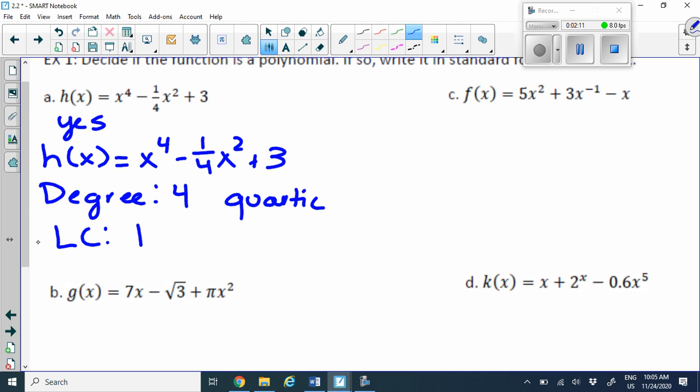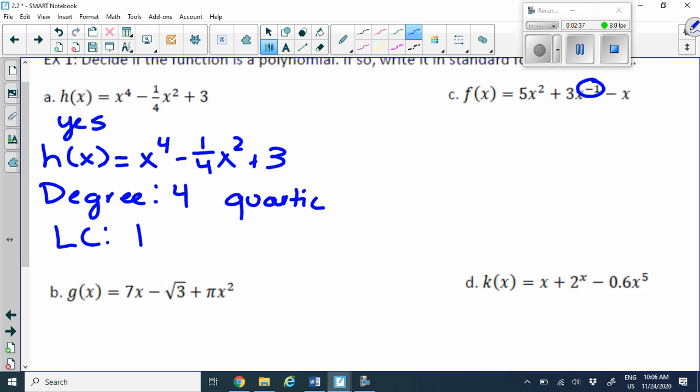Okay, f of x equals 5x squared plus 3x to the negative first minus x. We're going to see if it satisfies the 3 criteria. 1, is our a sub n, or our leading coefficient, not 0? So squared would be our largest exponent, and the leading coefficient is 5, so we satisfy that. Are all the exponents whole numbers? Oh, well, let's look here. We get negative 1.